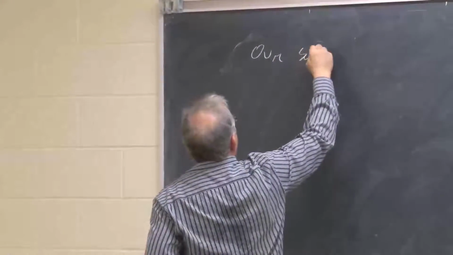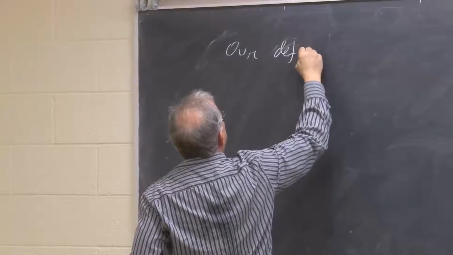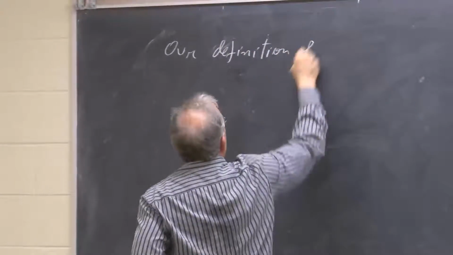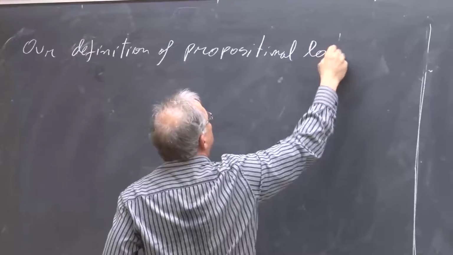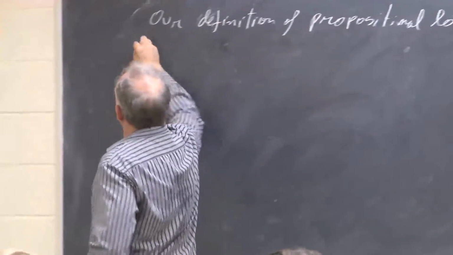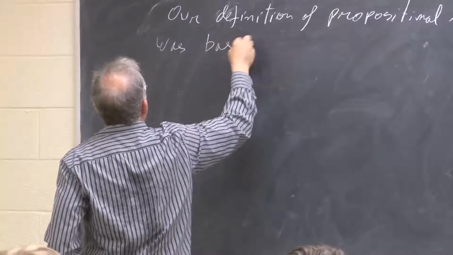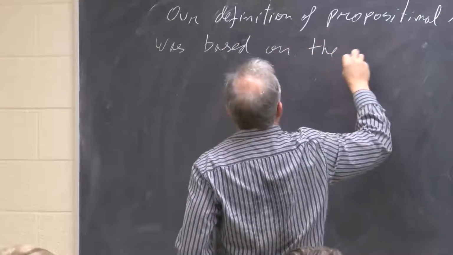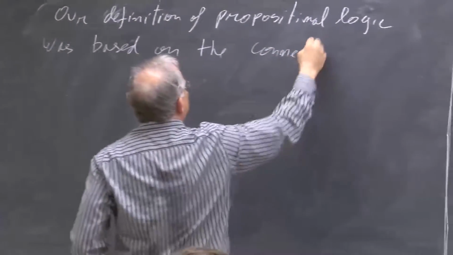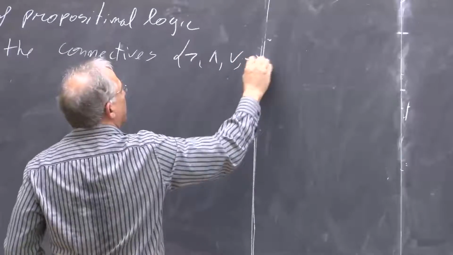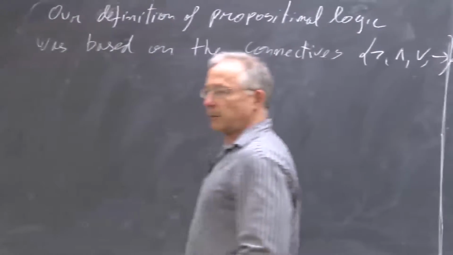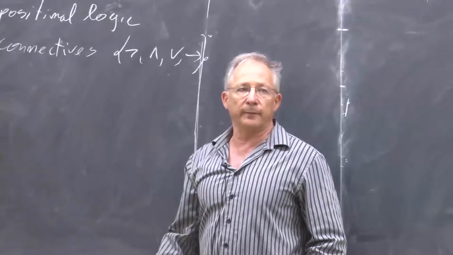We decided to have our definition of propositional logic, our semantic definition, based on the connectives neg, and, or, and implies. What I want to ask is, why this? Why not something different?